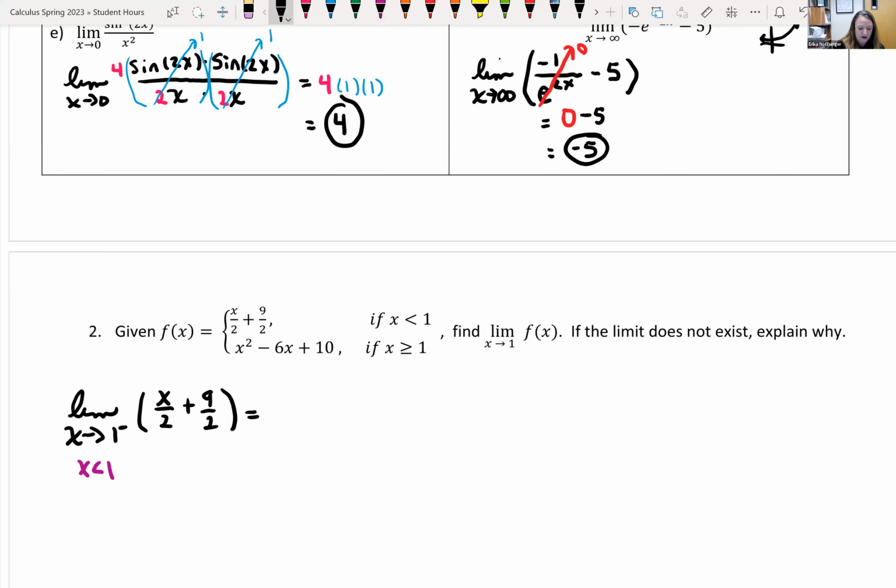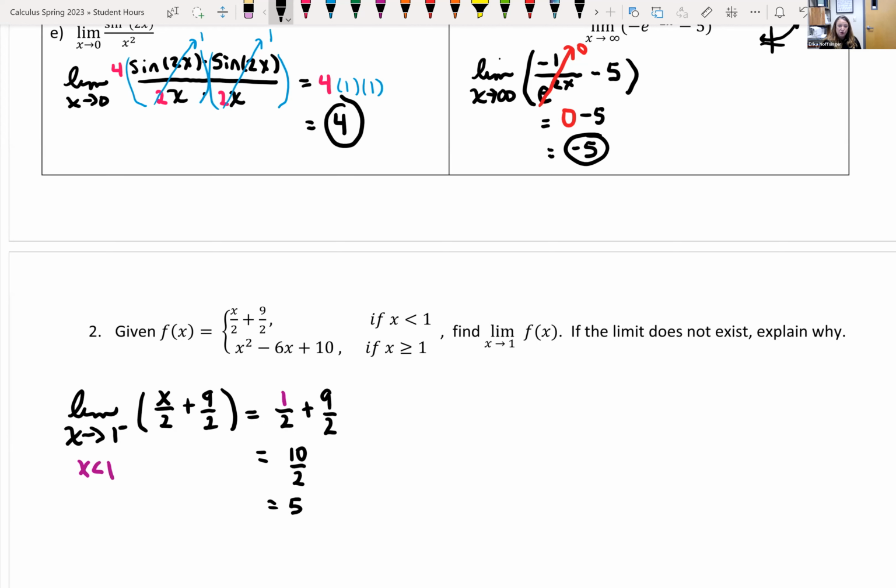Now going in and doing that direct substitution, wherever we see an x, we're going to get 1 over 2 plus 9/2. So this gives us 10/2, which reduces down to 5. So the limit as x approaches 1 on the left-hand side gives us 5.